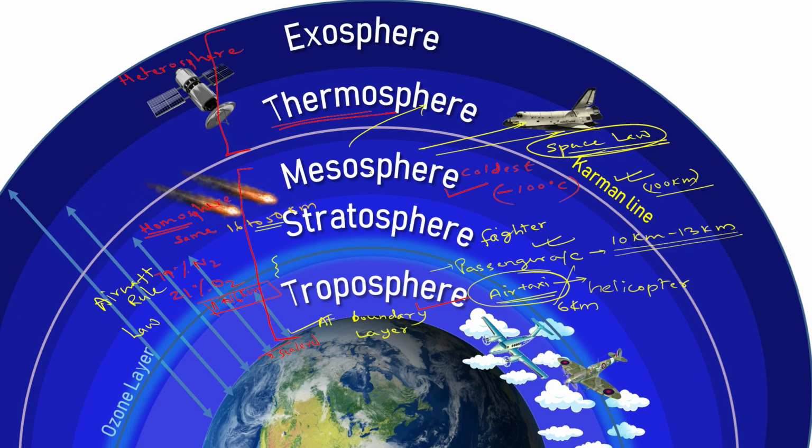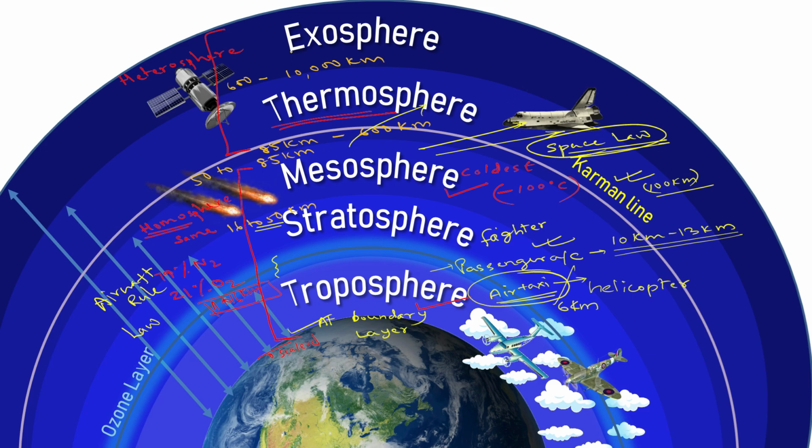Then the mesosphere is 50 to 85 kilometers. Then from 85 to 600 kilometers, and this one is from 600 to about 10,000. Remember these measurements roughly.